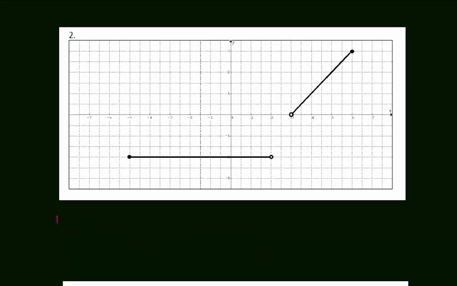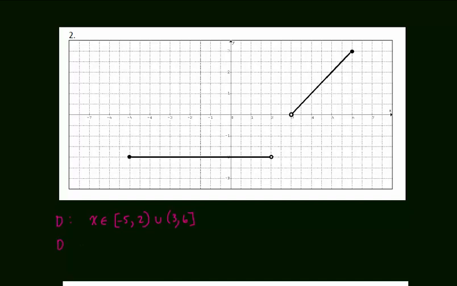Example 2, the domain is going to be x is an element of a particular interval. We're going to go from negative 5 to 2, not including the 2, in union with, not including the 3, all the way up to 6, but including the 6.